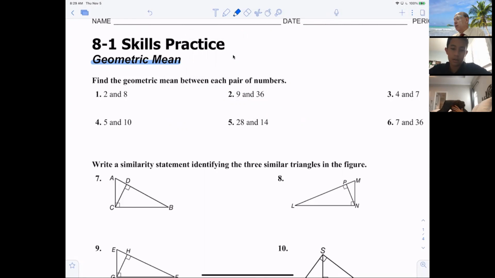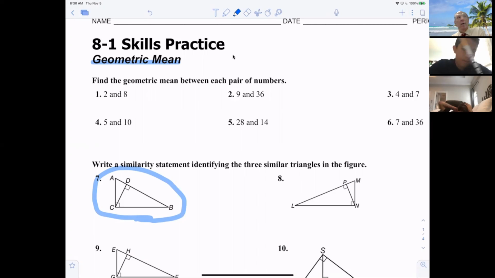The geometric mean is supposed to be set up as a proportion, and you will notice it has to do with the similar triangles in a right triangle. But I'll address that in a few minutes.